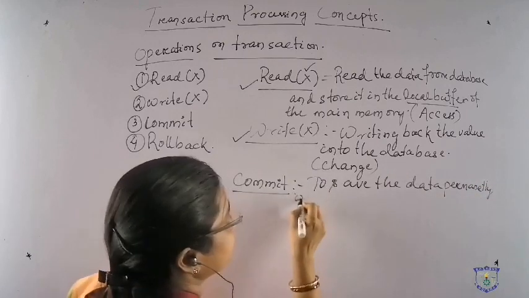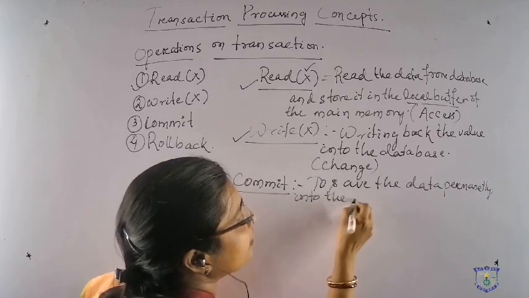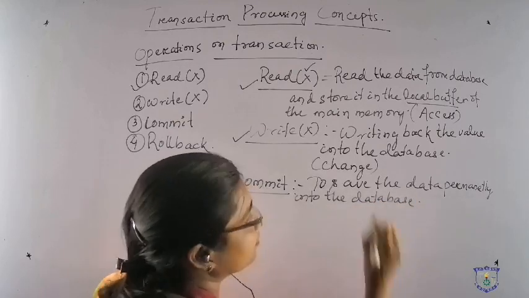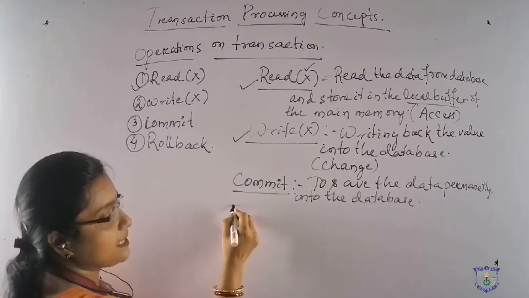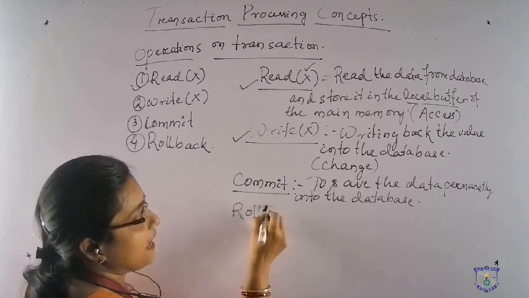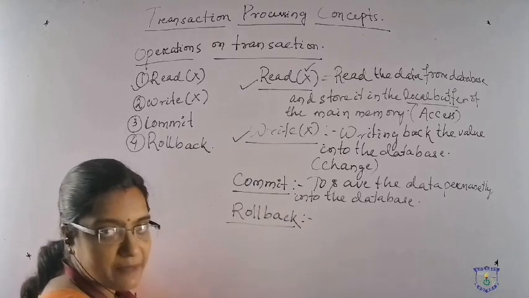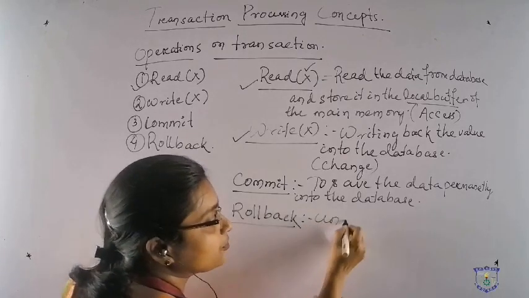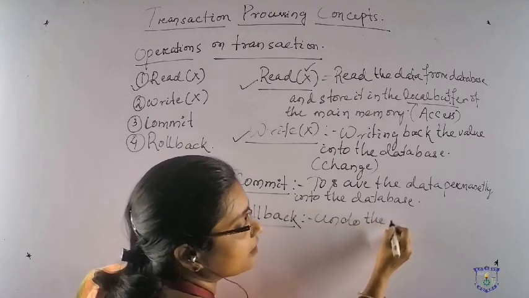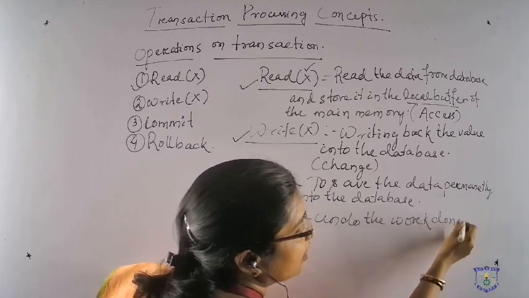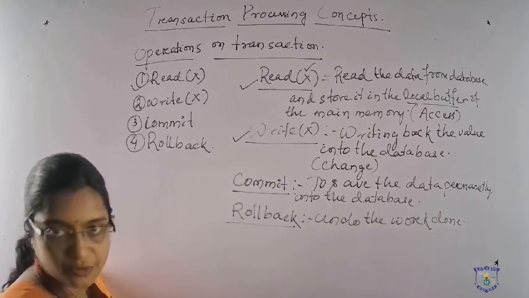And the fourth operation is rollback. Rollback means undo the work done. Undo the work done.